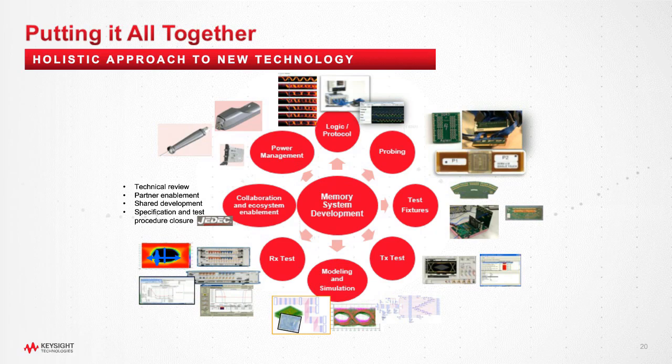Let's say you lived in the receiver test world. You're used to high-speed serial. Well, DDR is a whole different world. And so you can't just take what you did, say, for PCI-Express and drop it in for DDR. So the whole concept of what the measurements need to do and the kind of measurements need to be made, they have to change as well. And so everybody's in the same boat here.